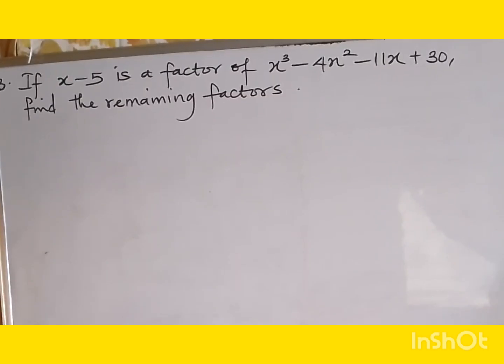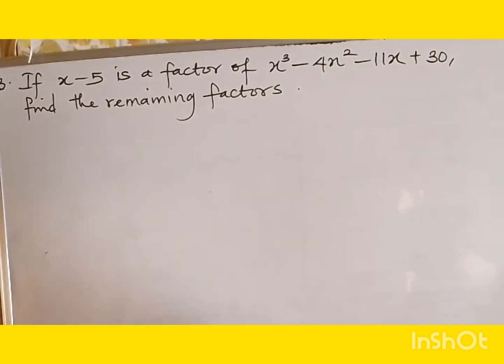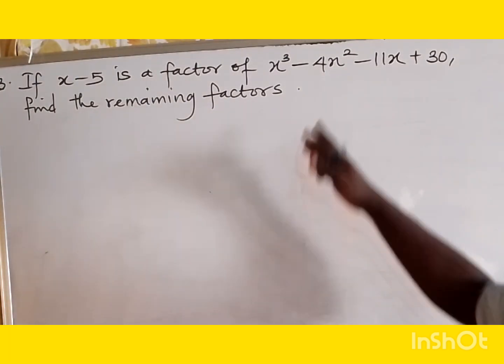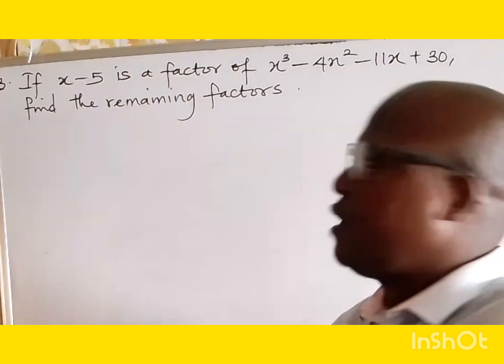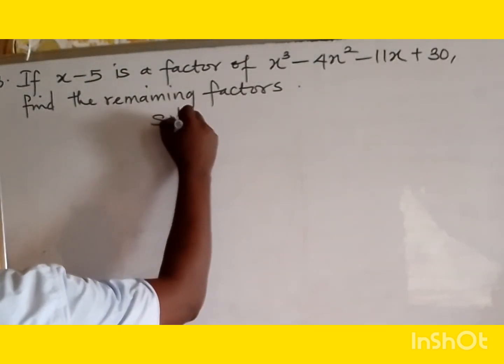Next, hello everyone, welcome back. We are given again: if x minus 5 is a factor of this, find the remaining factor. The first thing we need to do is to divide this by the factor. I have the solution here.